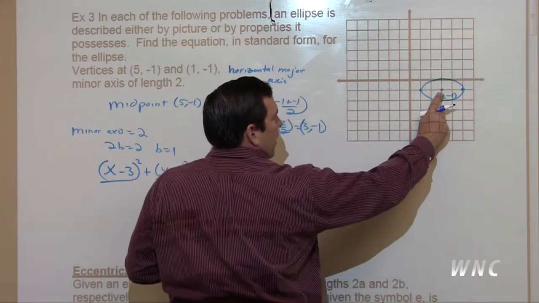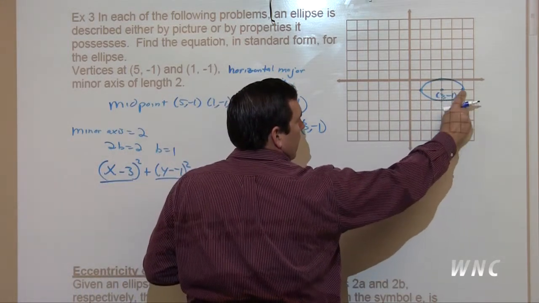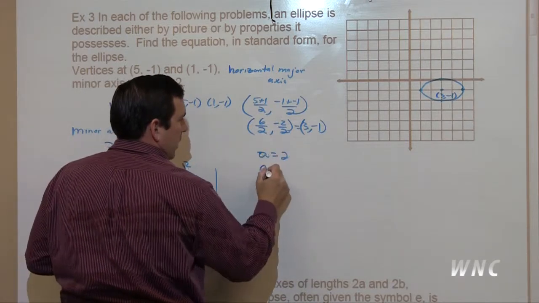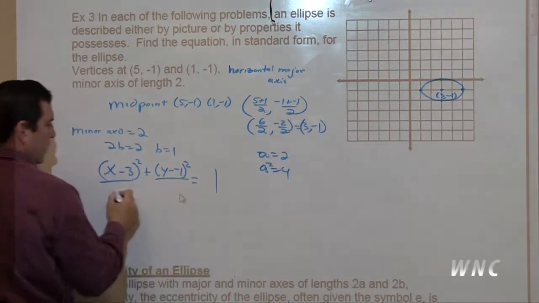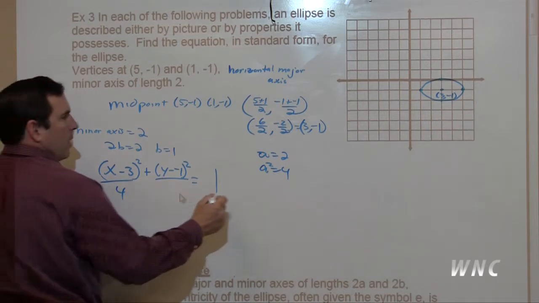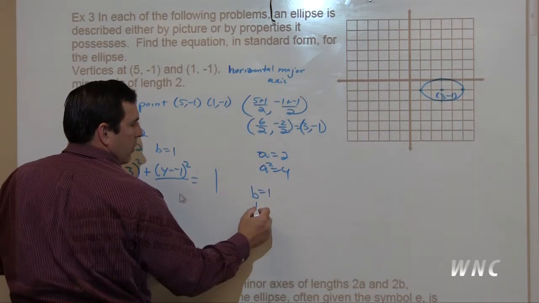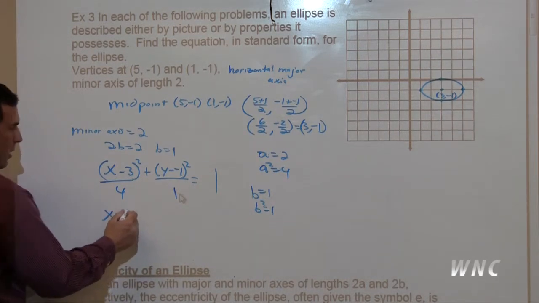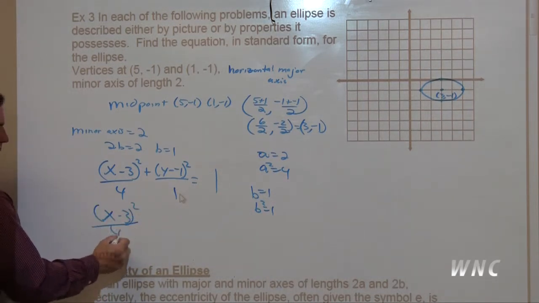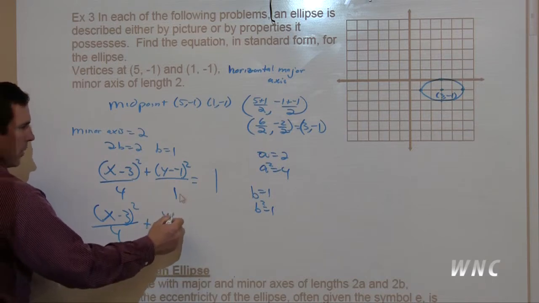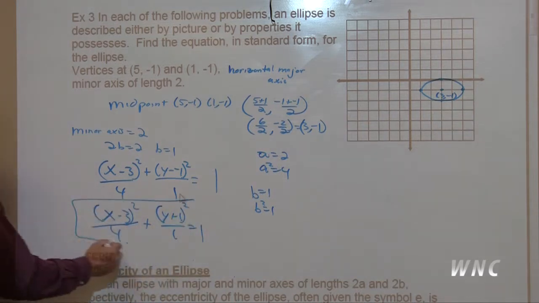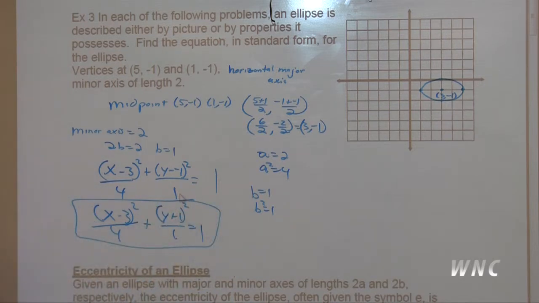What's the distance from (3, -1) to (5, -1)? a must be 2. So a squared is 4. b is 1, so b squared is 1. So our final answer: (x - 3) squared over 4 plus (y + 1) squared over 1 equals 1. That's it.